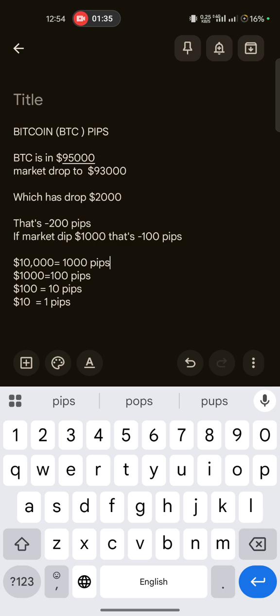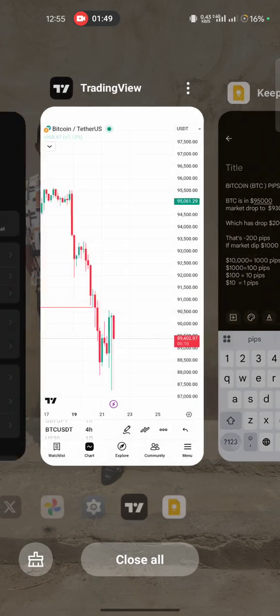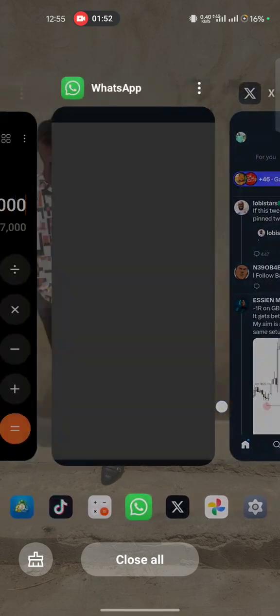Let us assume you enter the market at the current price 95,000 and the market drops to 93,000. So let's do the math here. Here's our calculator.